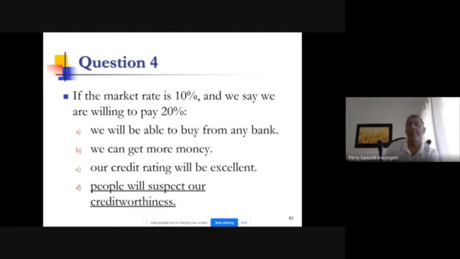Now, why is that? Because the local banks need funding. They don't have credit lines from their overseas branches for this. So they need to fund it from the local market, and they need to pay a premium for that. Now, if suddenly a bank from 5% starts paying 10%, while all the other local banks are paying 5%, will that be a concern?